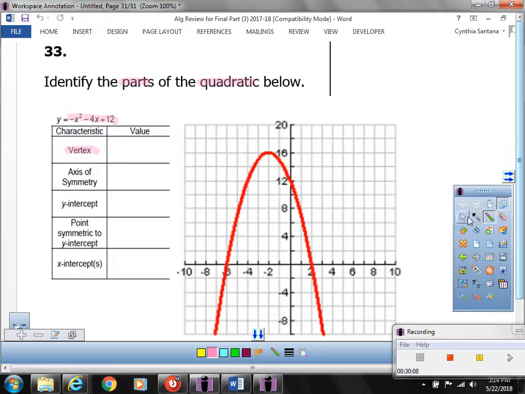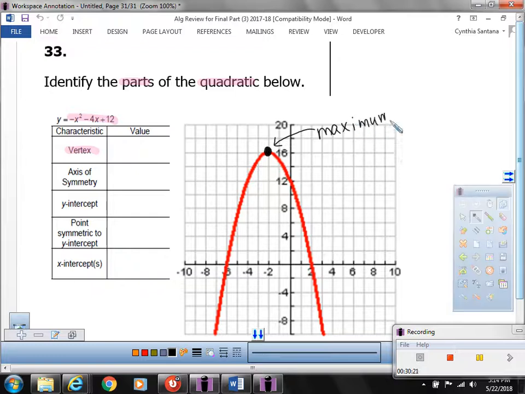Now this happens to be a maximum vertex because you've got this upside down U, and you've got a high point at the very, very top of it. So that's called your maximum vertex. And so whatever the coordinates are would be the vertex.